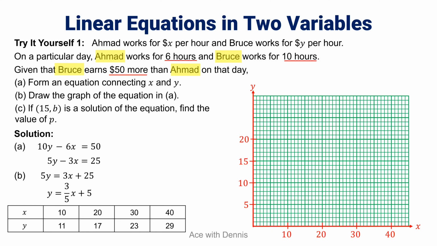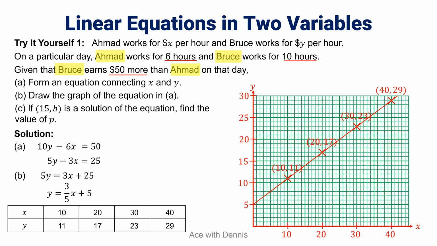So 5, 10, 15, 20, 25, 30. Right? So the first point is (10, 11). So this is the location of (10, 11). For the second point, (20, 17), the third point, (30, 23), and the fourth point, (40, 29).